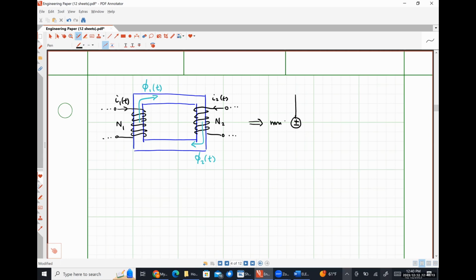I would have my MMF1, which is simply the number of turns in coil 1 times the current being carried by coil 1. Here I have my equivalent reluctance of my core.